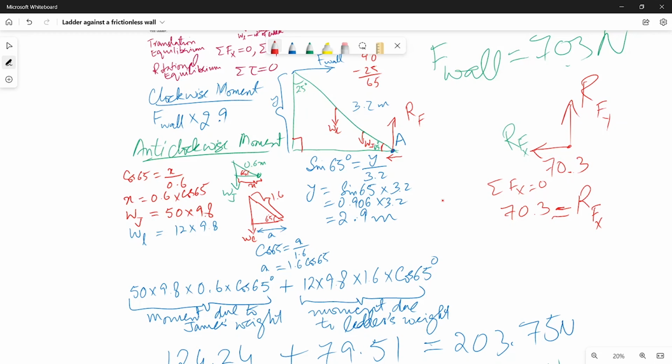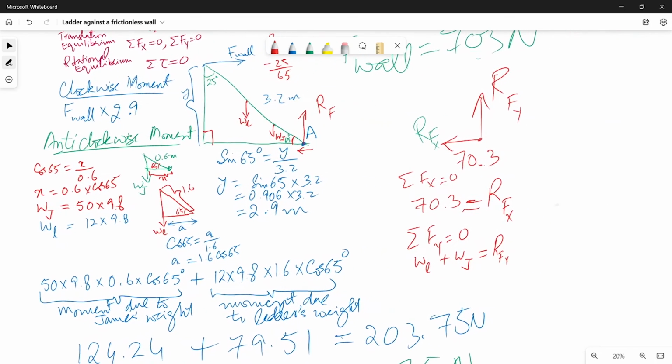Now we have to see what sigma Fy is. That should be 0. We have two weights which are coming down, the ladder plus the weight of James, and they should be equal to what we have in the opposite direction, RFy.